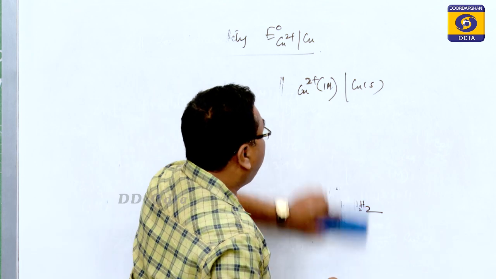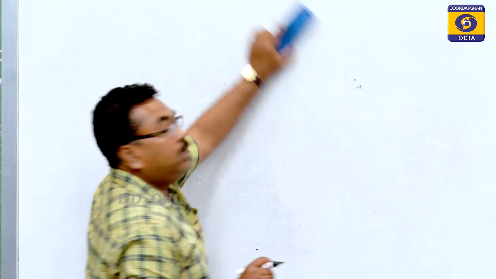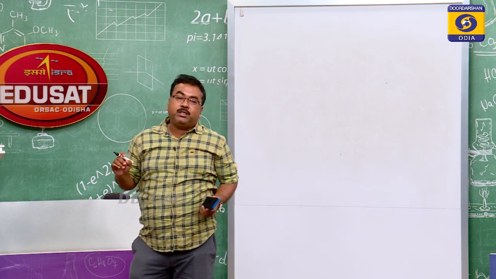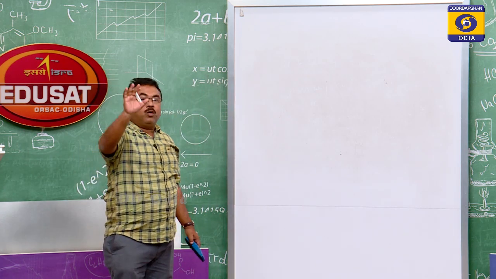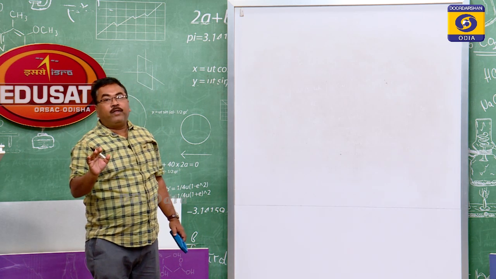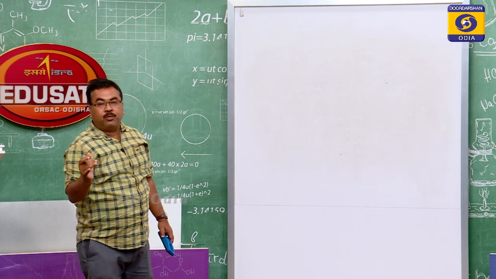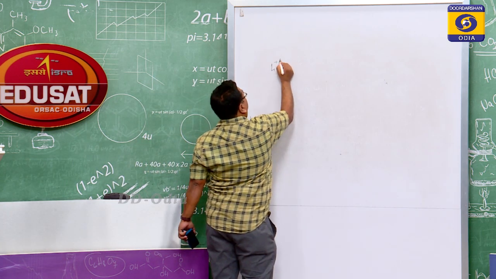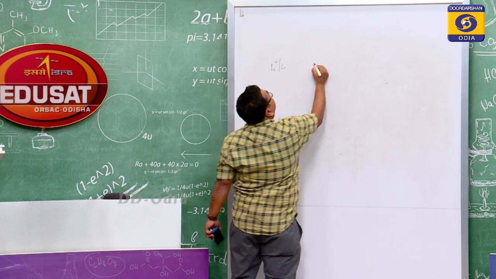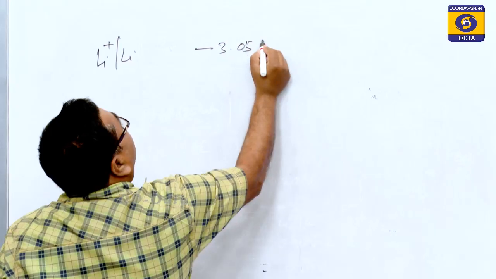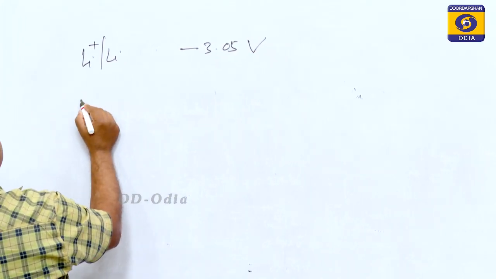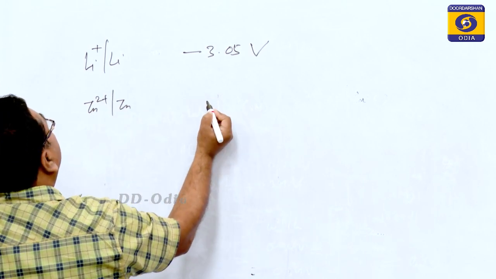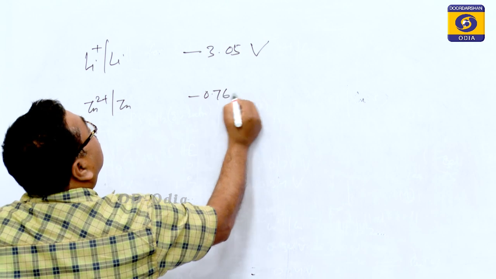There is an electrochemical series, also known as the electromotive series, where all the electrodes, metals and non-metals, are arranged in increasing order of their reduction potential values. It starts with lithium, Li+ to Li, whose value is minus 3.05 volt, and goes through zinc, whose value is minus 0.76 volt.